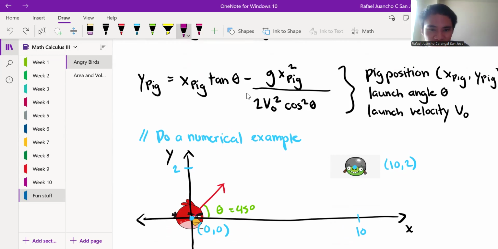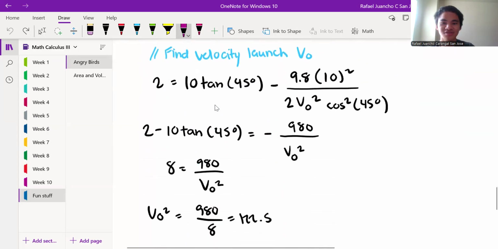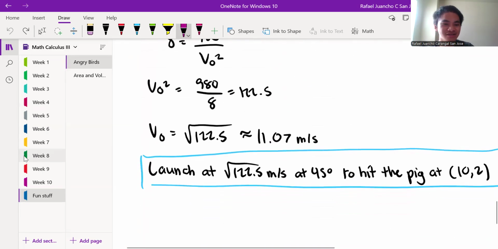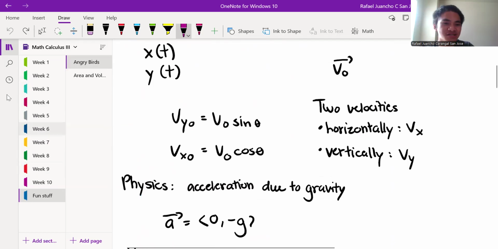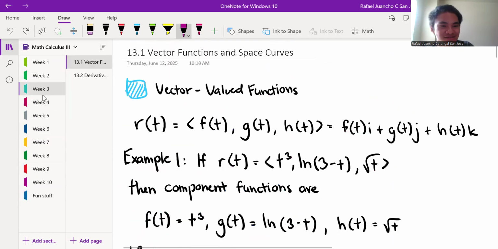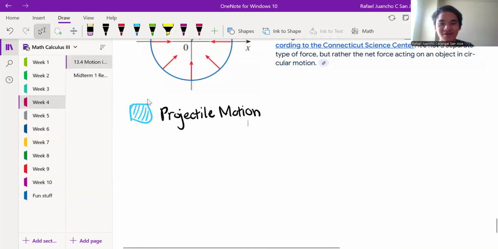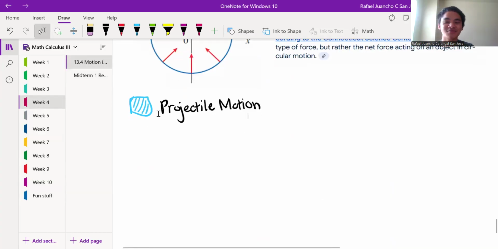That's just some cool stuff to find out. Some interesting stuff here on projectile motion. I might talk a little bit about it. Okay, I'll see you guys in the next one. I'm going to talk about projectile motion.